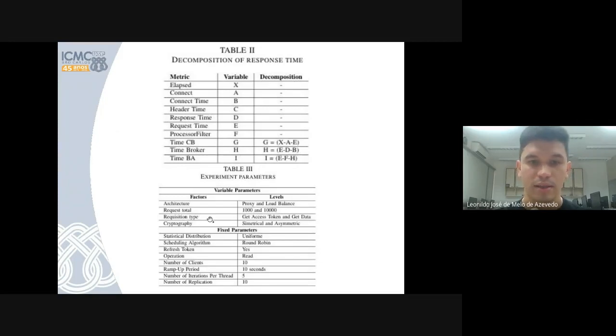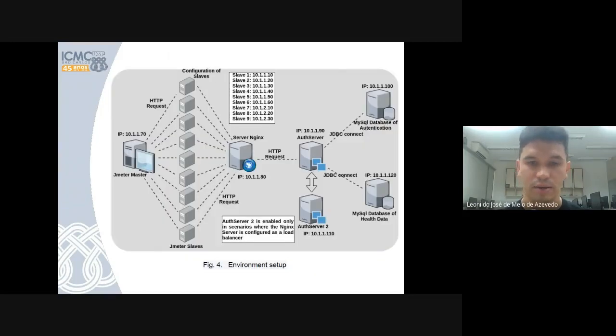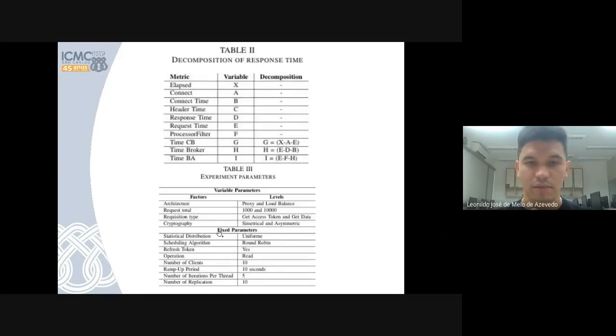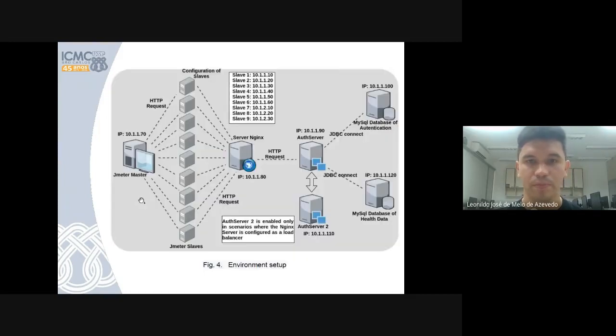Also the type of request, get access token or get data, and two algorithms, HMAC, symmetrical, and RSA, asymmetrical, the encryption algorithm. And I also have fixed parameters, but I won't detail this part.